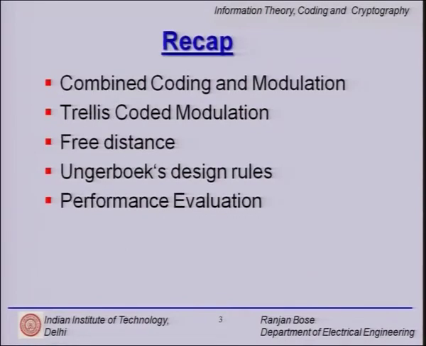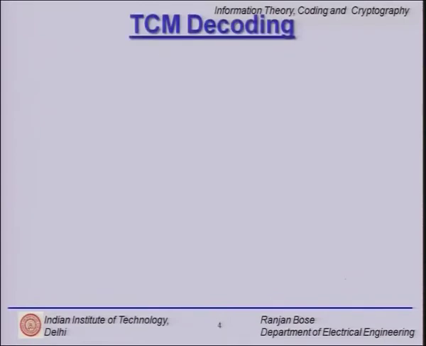What we have learned so far is combined coding and modulation. Then we introduced the notion of trellis coded modulation, followed by what we mean by free distance. Then we looked at Ungerboeck's heuristic design rules and spent some time looking at the performance evaluation of designed TCM schemes.